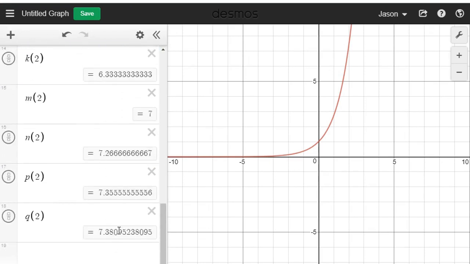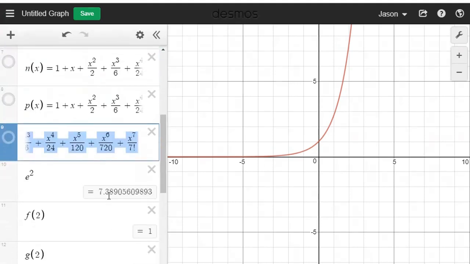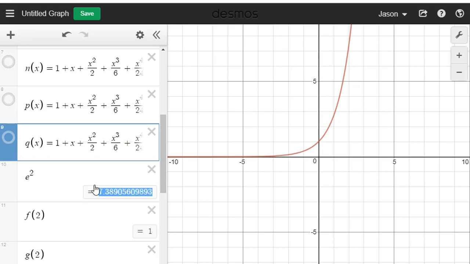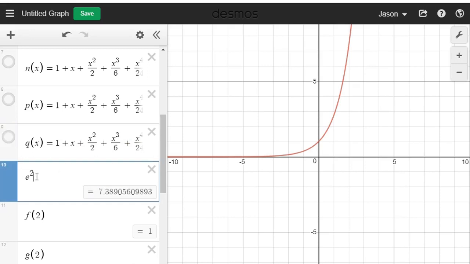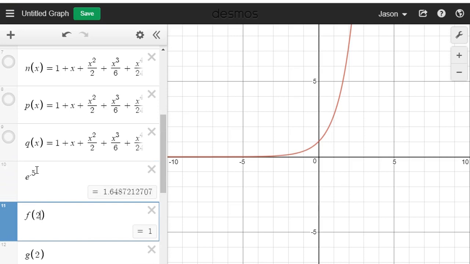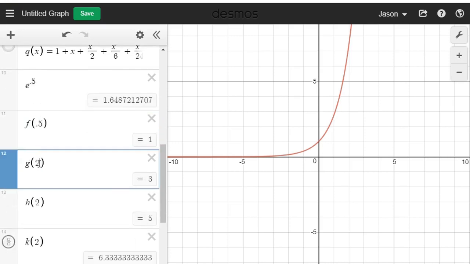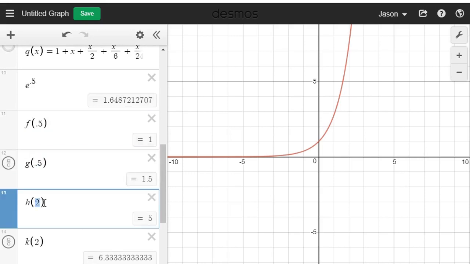Notice that q differs by less than 100th from the actual value. And if you do the whole series, it will end up being exactly 7.38905 and so on. It will exactly be e squared. Now, the closer we are to the center, the sooner these values end up getting close to what happens.